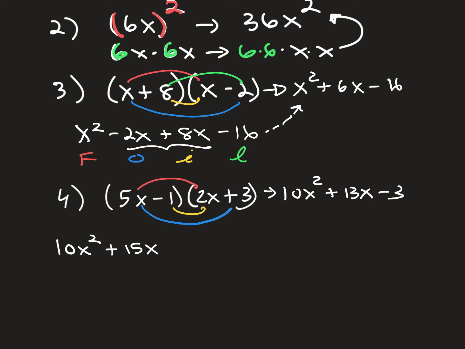When you multiply the inside ones, negative 1 times 2x is negative 2x. And when you multiply the last ones, negative 1 times 3 is a negative 3. When you combine the outside with the inside, notice combining like terms, doesn't that leave you with 10x squared plus 13x minus 3 as your final answer.